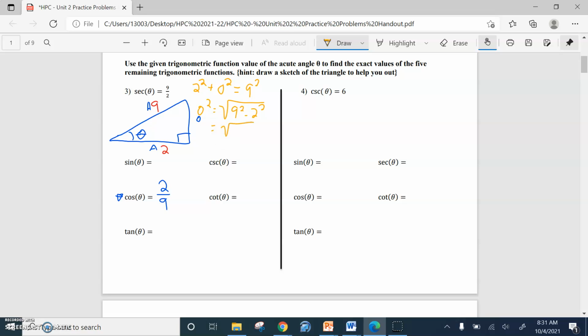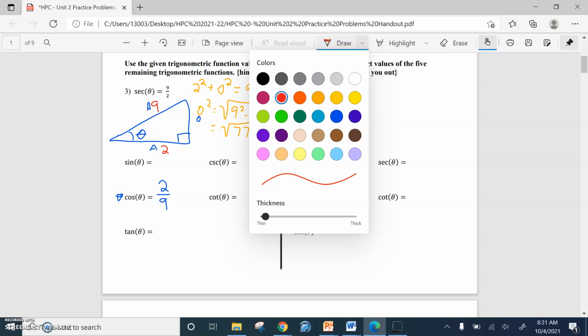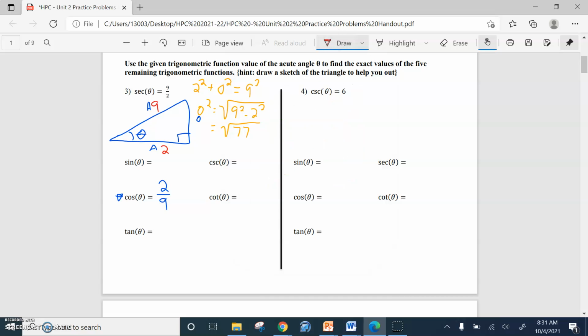I'm just going to say equals the square root of 77, because 81 minus 4 is 77. But again, that side length, let me get this back to red, I'm going to simply leave that as square root 77. I do not want a decimal approximation for square roots.